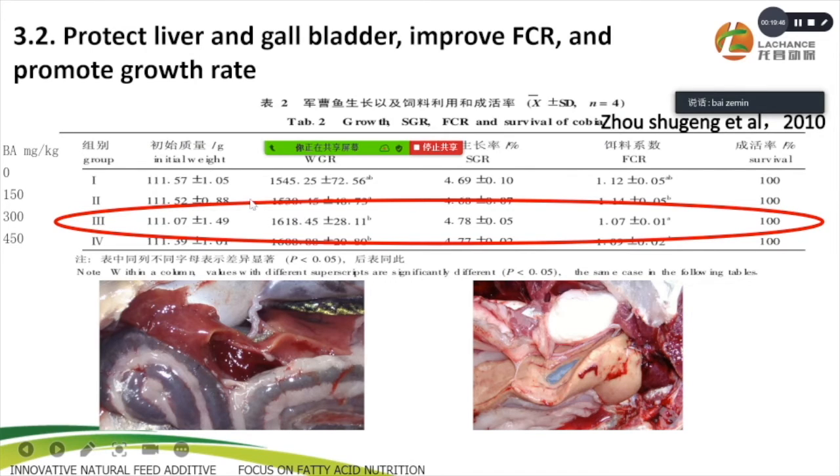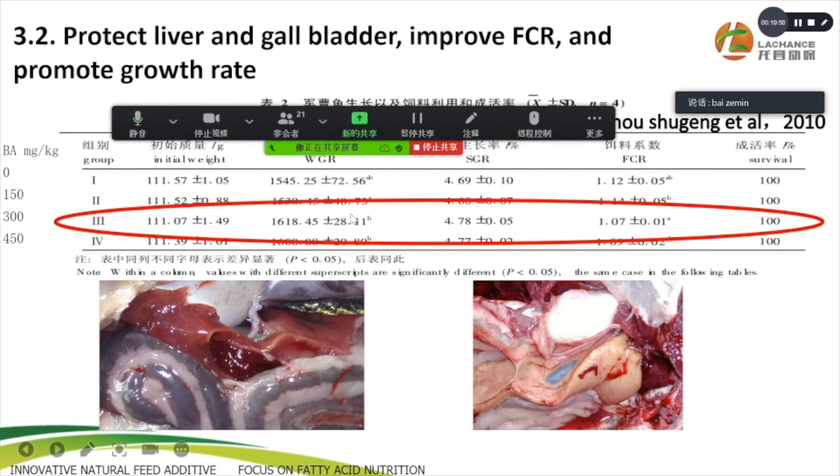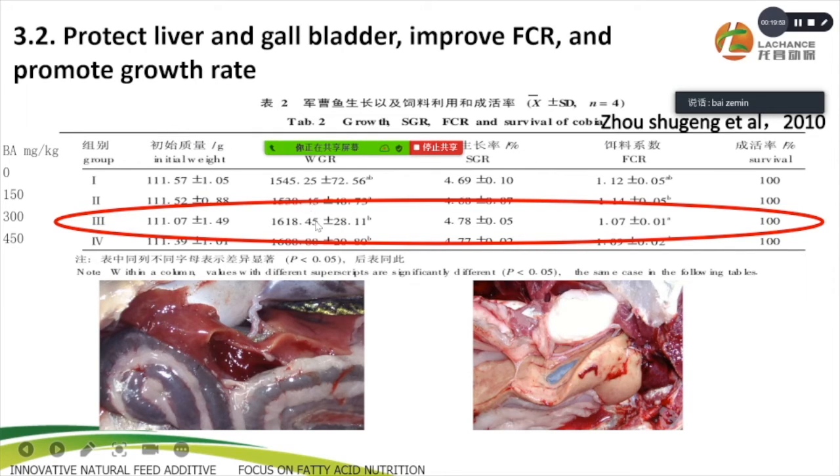But finally, we found after the trial, the final weight increased almost 10%. SGR also increased around 8%, and FCR dropped 10%. But because this cobia is very hardy, I think this is the reason why the survival rate was no different.